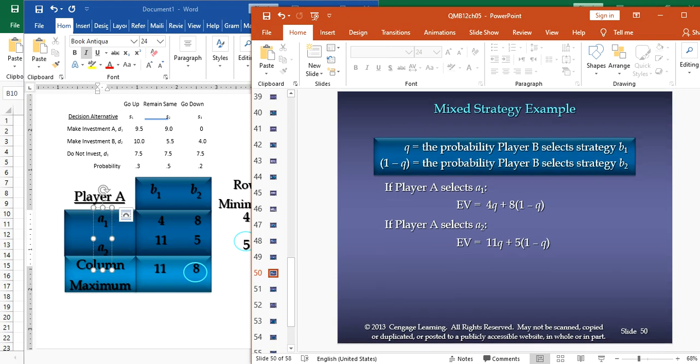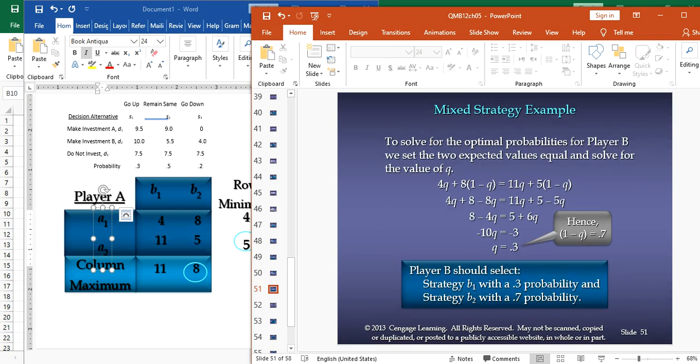So we solve for them and we have 0.3. So it's 30% good for player B to pursue this strategy, and 70% to pursue this strategy.